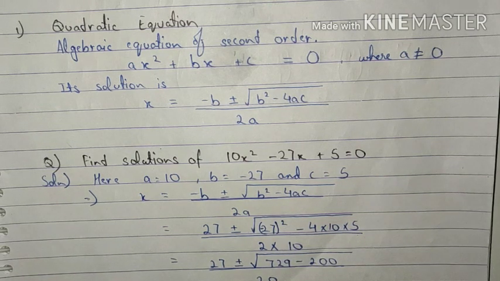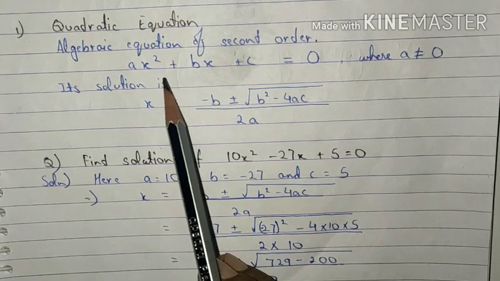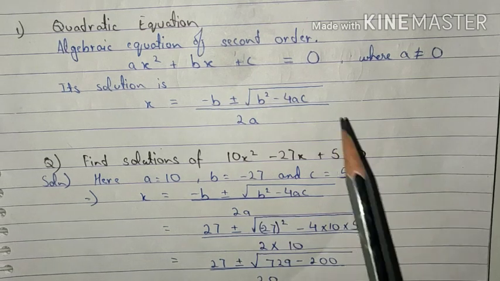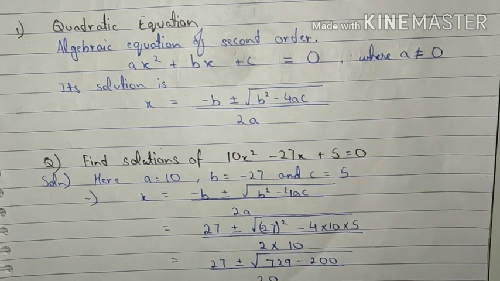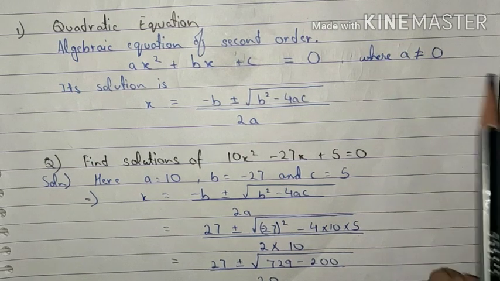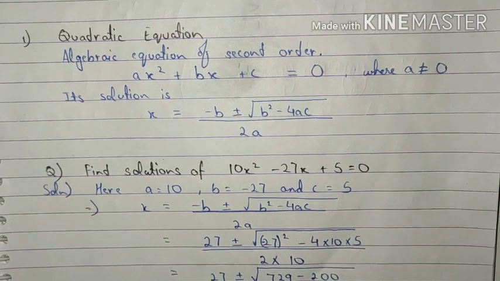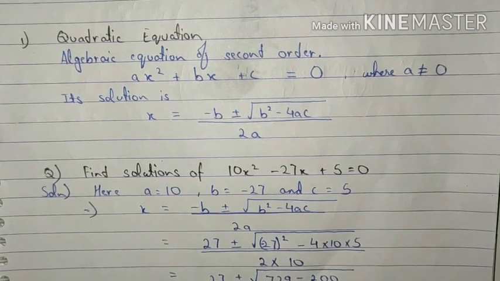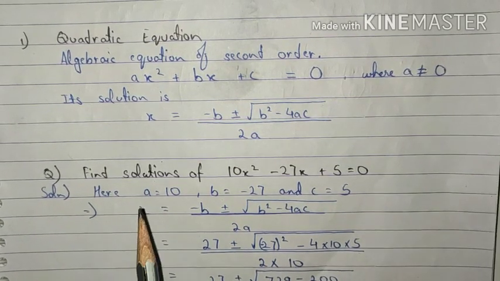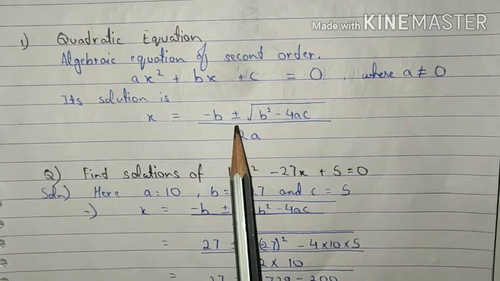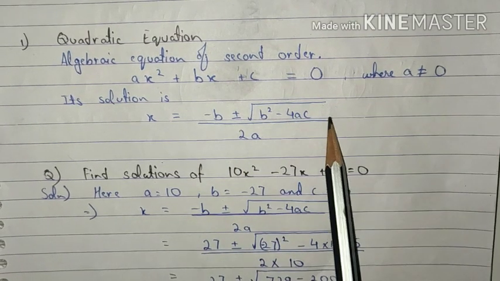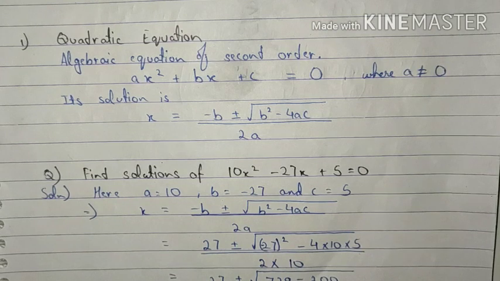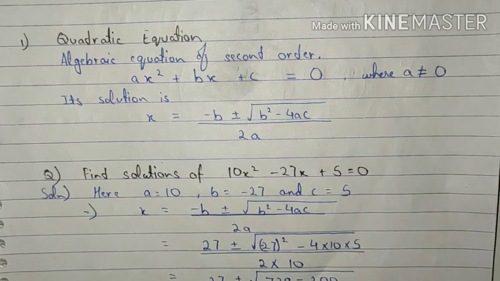It is written in this form, that is ax square plus bx plus c is equal to 0, where a is not equal to 0. Also, we can calculate the value of its solutions by Sridharacharya or quadratic formula, which is x is equal to minus b plus minus under root b square minus 4ac upon 2a. We have already solved various questions on this formula. Let's see one for an example.